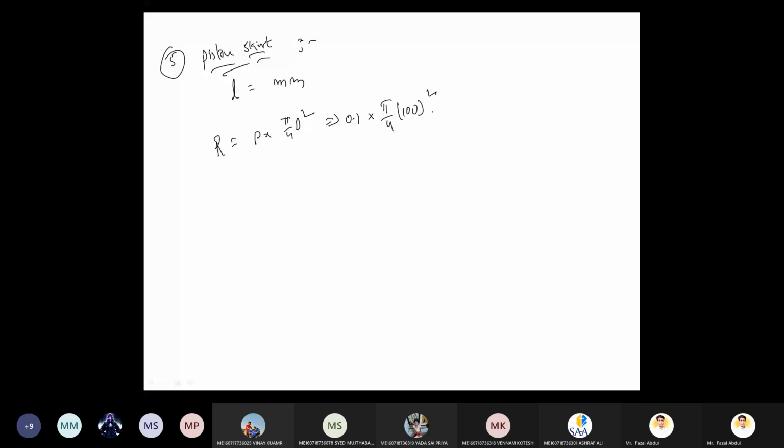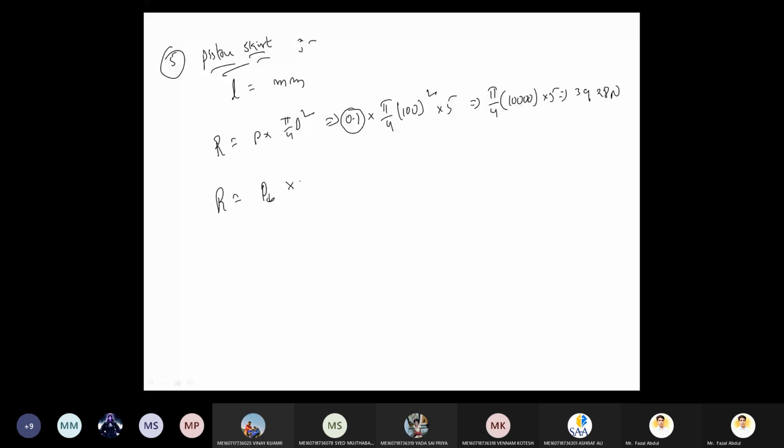This 0.1 I'm taking for the friction between the piston and cylinder wall, so the coefficient of friction is 0.1 here, and this is the pressure inside the cylinder. So pi by 4 into D squared into 5, how much is the answer? 3928 newtons.